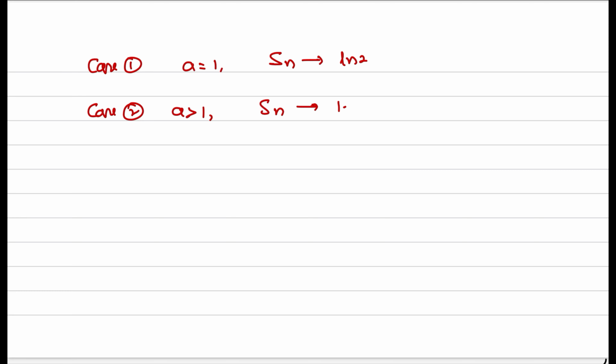Then case 3, what happens? Let us see, 0 is less than a is less than 1.